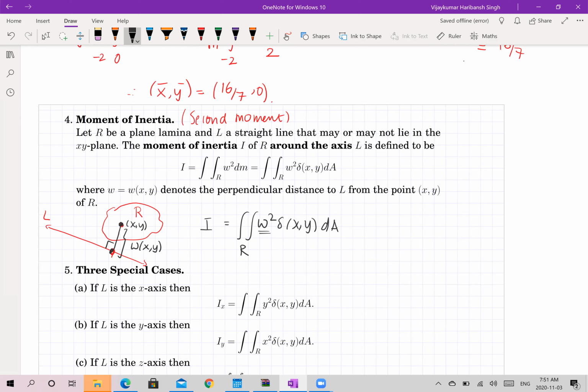All right. So what does it really capture? The second moment essentially captures the effort required to spin the object around that axis.